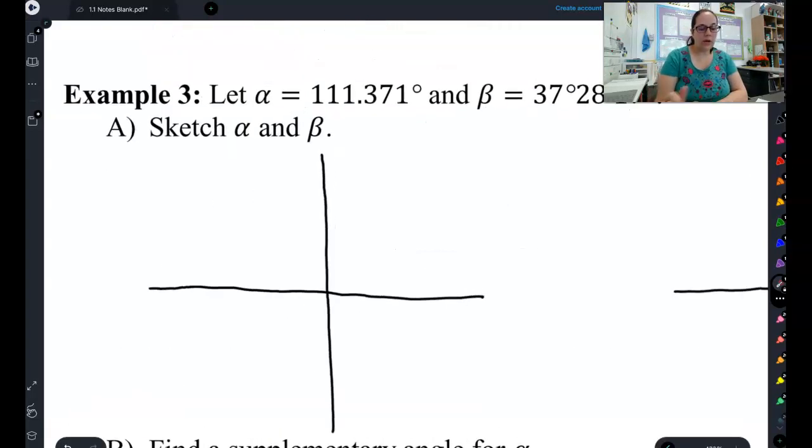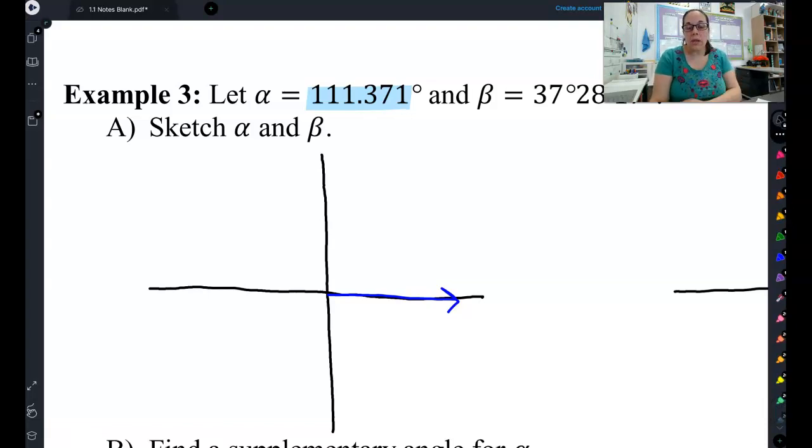Either way, I want to come to alpha and I want to graph it. Now remember, I have this coordinate grid. My initial side is always on the positive x-axis. And then my terminal side, I want to be at 111.371 degrees. So to sketch this, we need to know some basic angles.